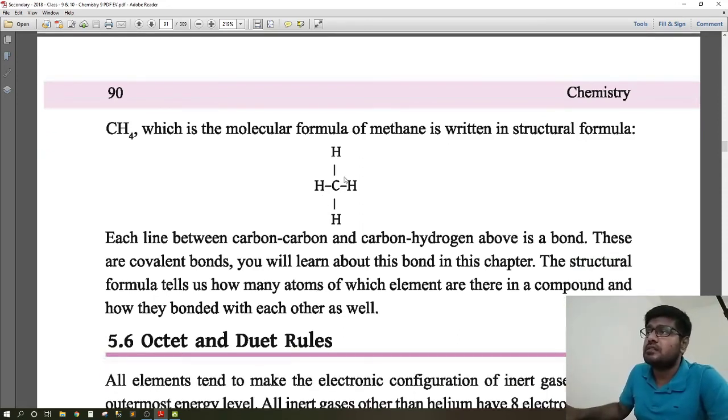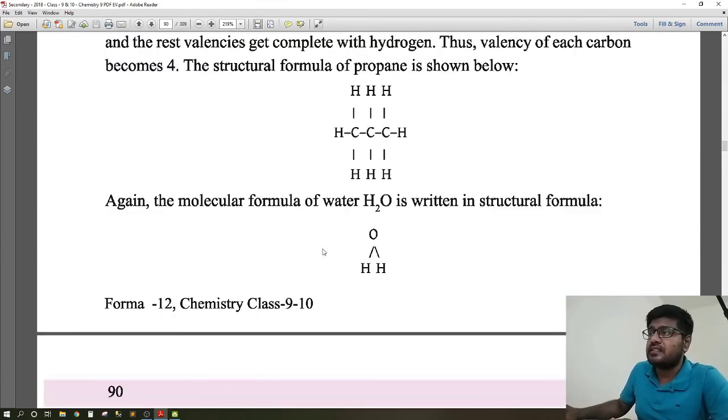So you know this formula, and by this way you can learn about different compounds: methane, ethane, propane, butane, etc. This is the finishing of my today's class. You should understand all of these things, and you should memorize them. Then you can write the molecular and structural formulas of different compounds also.